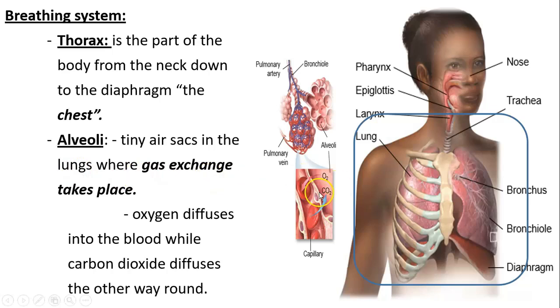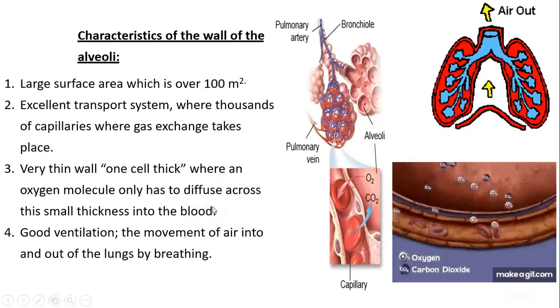Oxygen diffuses into our circulatory system through our capillaries and binds to our hemoglobin that's in our red blood cells. Remember, when hemoglobin combines with oxygen, it's called oxyhemoglobin. And carbon dioxide also diffuses out into the alveoli and then out into the atmosphere, which is a type of excretion. So the alveoli are where all these processes happen.